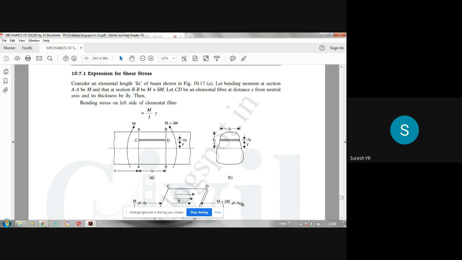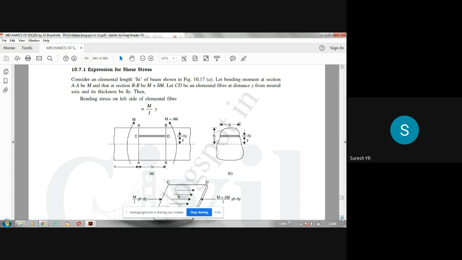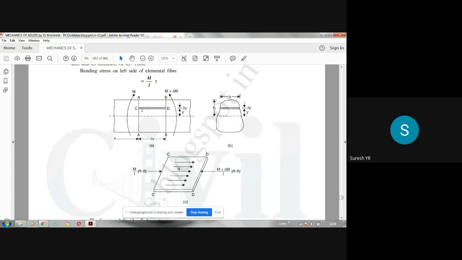And here he has given one more sketch. See, this is along the perpendicular to the board in this direction. That means by taking CD as the elemental length, in CD he has taken an elemental strip. CD is an elemental strip taken in the elemental length AB. That elemental length is taken as delta x. The x direction represents the length of the beam.